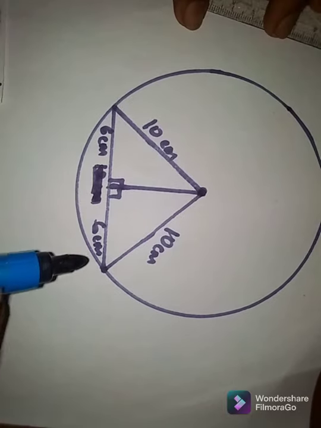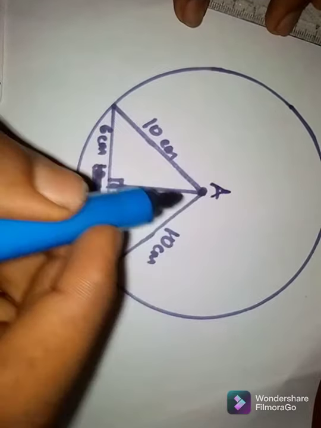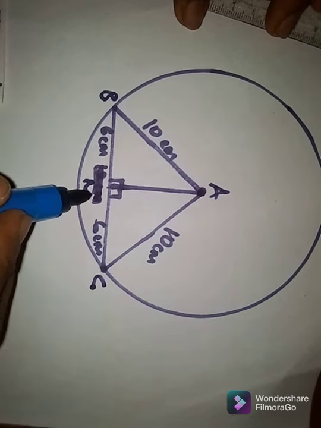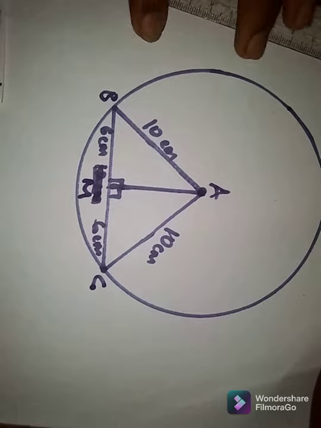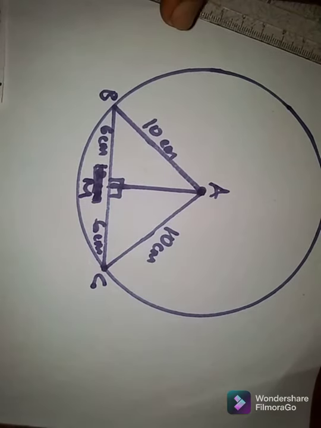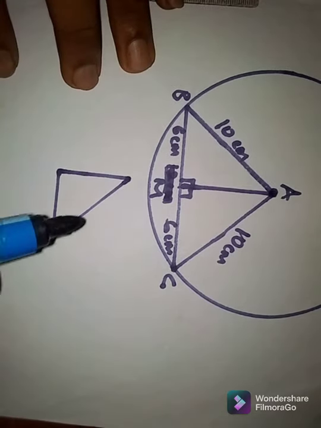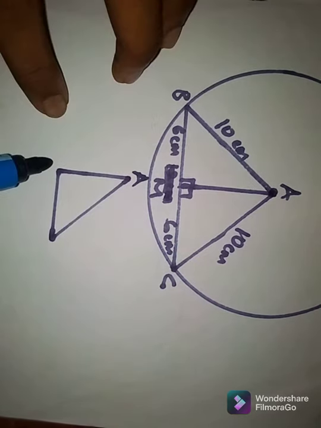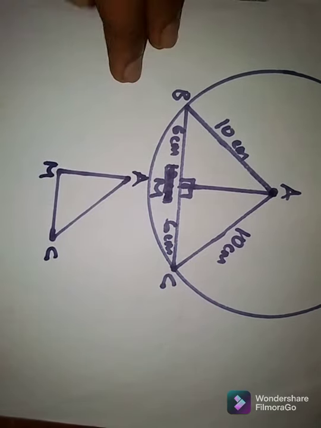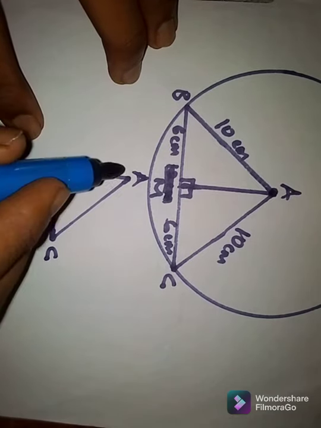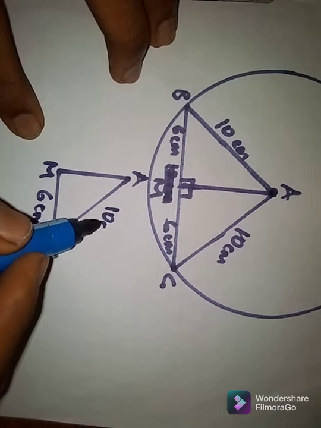Let's simply label this A, B, C, and the midpoint M. From the diagram, we can take out one triangle. Here we call this A, here is M, and here is C. So from here we have 6 cm and the radius 10 cm.